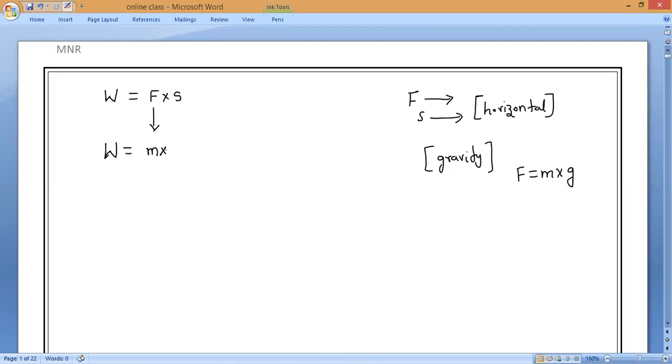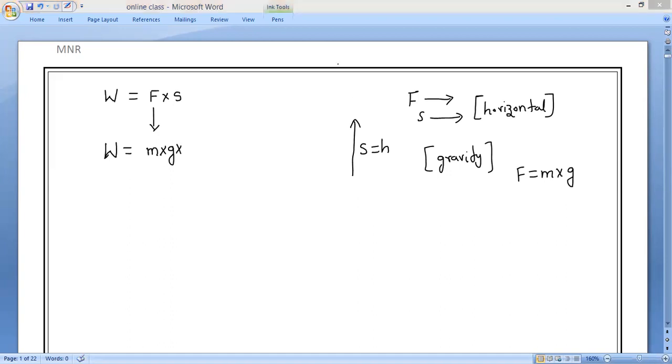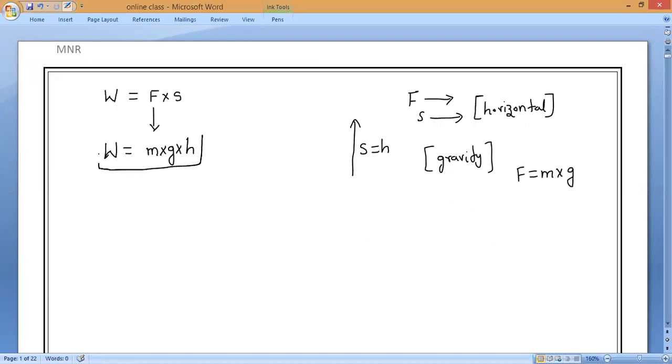So I will write m into g, and when we are throwing up, going against gravity, the distance we consider as h. So mgh. That is what you all need to remember. Both are the same: work done is equal to force into displacement, or work done is equal to mgh. This is working against gravity, meaning vertically, and this is horizontally.